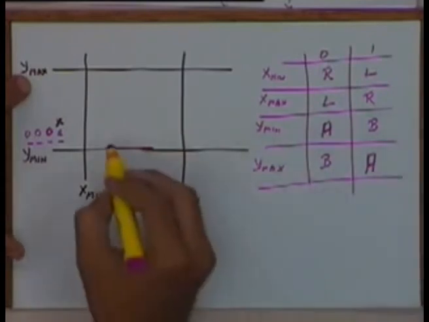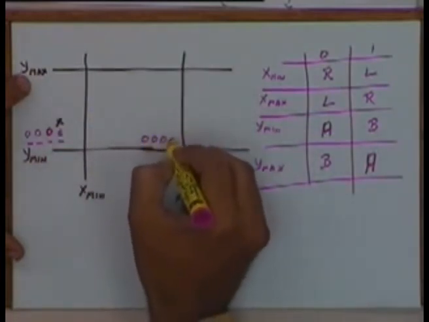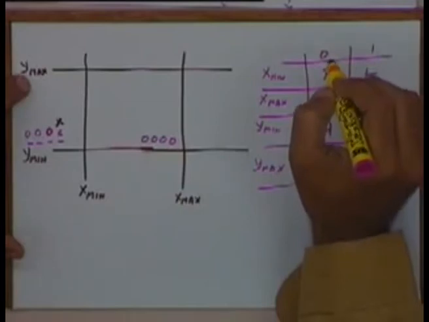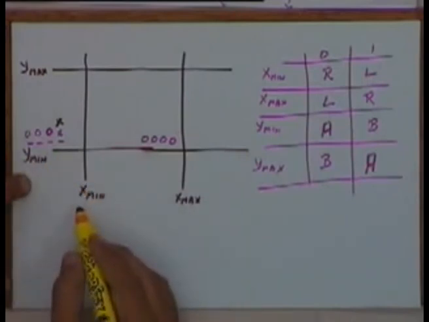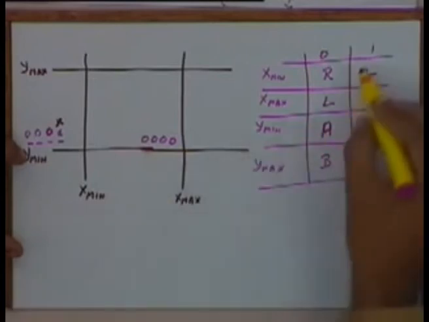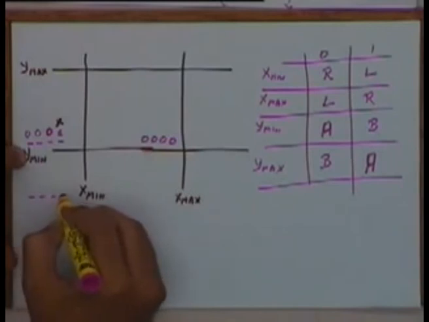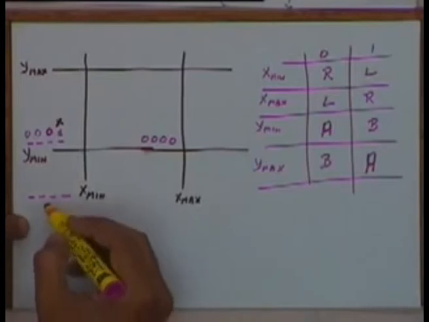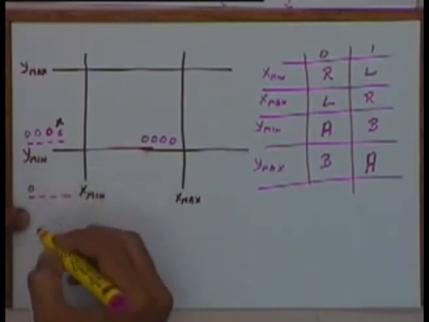As a result, if a point is inside this region, it will get a code of 0, 0, 0, 0. If a point is in this region, the point is below y-min, so it gets a code of, let us say this is for y-max, this is for y-min, x-max and x-min. So it is below y-max, it gets a code of 0.